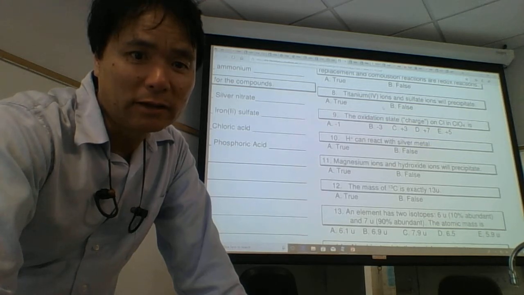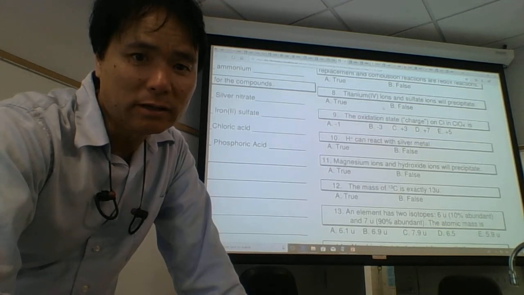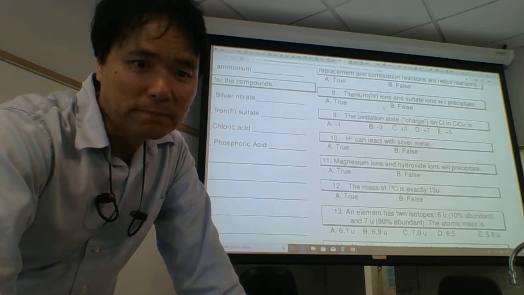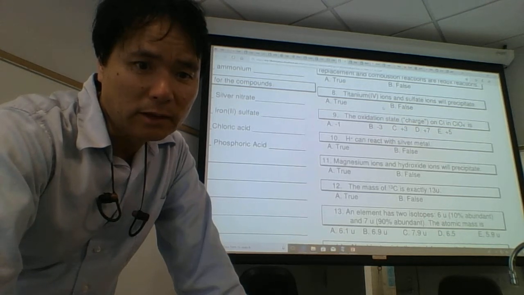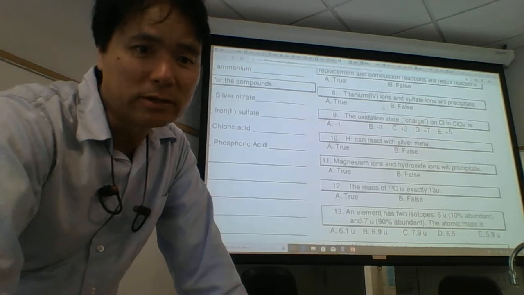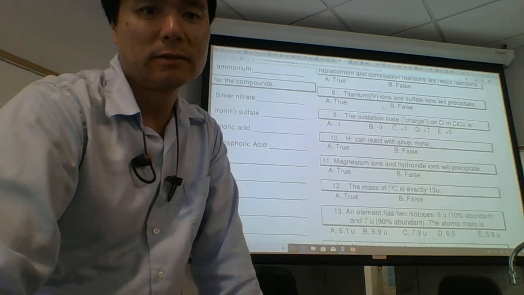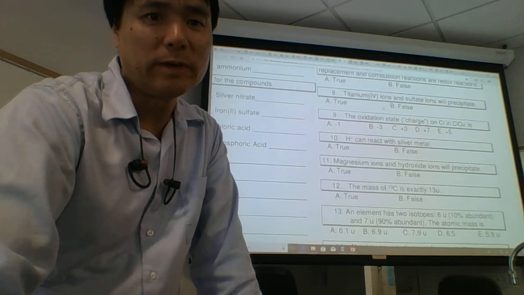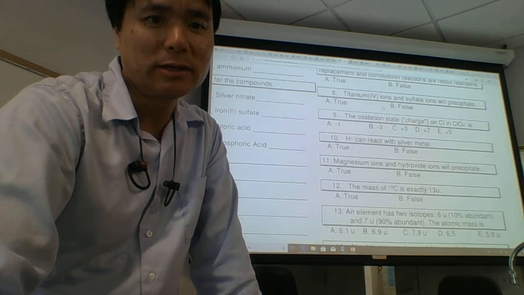Why? Figure it out. Just go ahead and determine the oxidation states by the normal method. I showed you different ways to determine the oxidation state. I showed you 3 ways to determine the oxidation state.